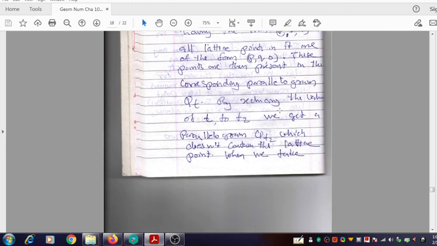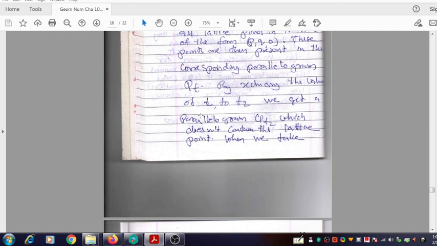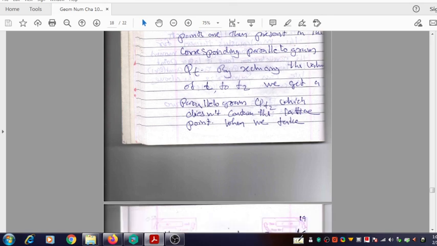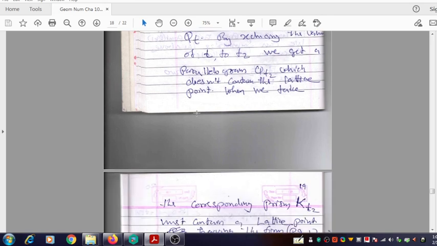By reducing the value of t from t to t1, and from t1 to t2, we get a parallelogram qt2, from qt to qt1 and from qt1 to qt2, and that qt2 does not contain any lattice point.